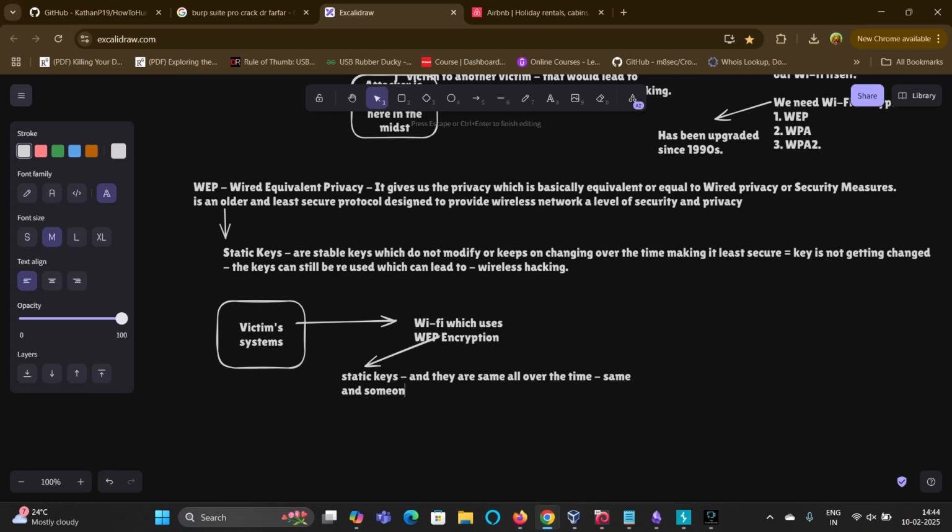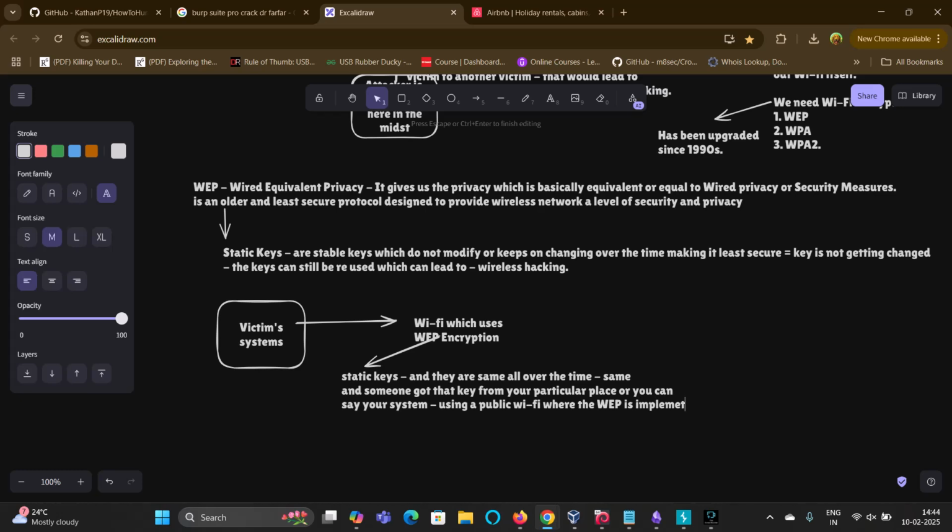And someone got that key from your system, because your system is compromised, or you are using a public Wi-Fi where WEP encryption is implemented.